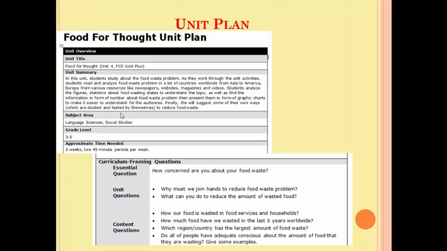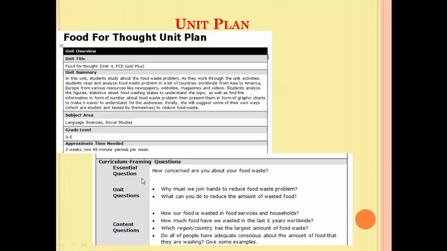Then students analyze the figures and statistics about food waste to understand the topic and find information about this problem. Finally, they will suggest some of their own ways to reduce food waste.